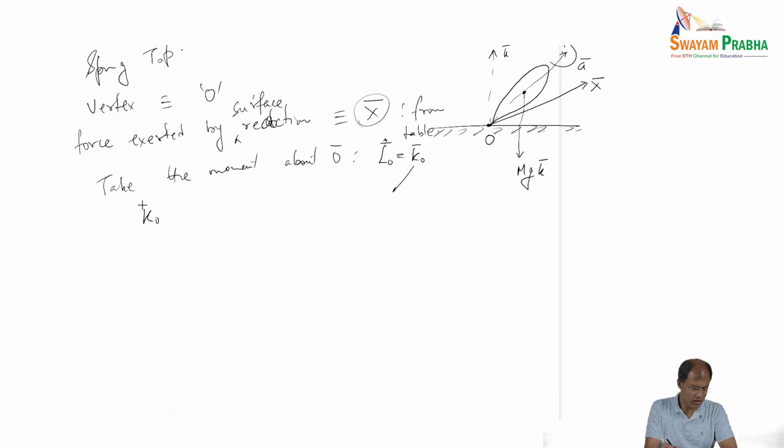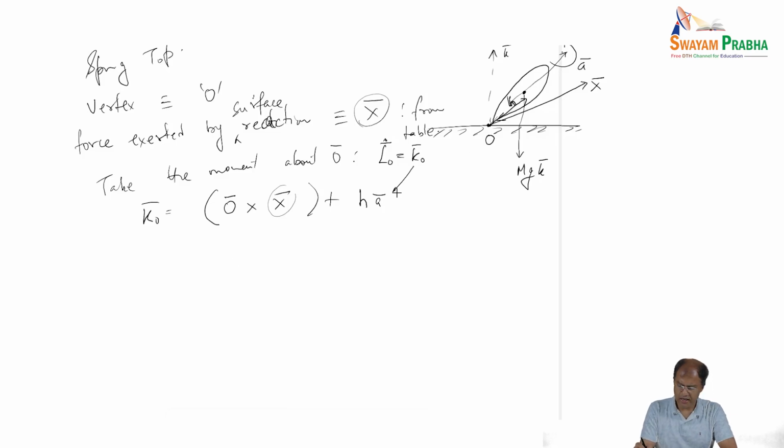So K naught is, just for the sake of writing, 0 cross X, where 0 means the distance from the normal force to the origin, and that is 0, plus h times a. What is h? H is the half length of the axis of rotation of the top.